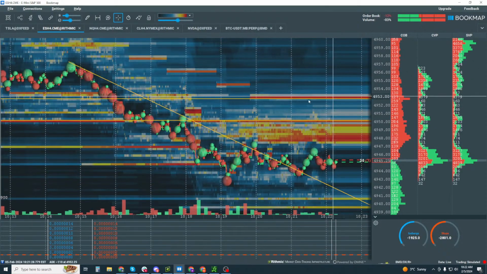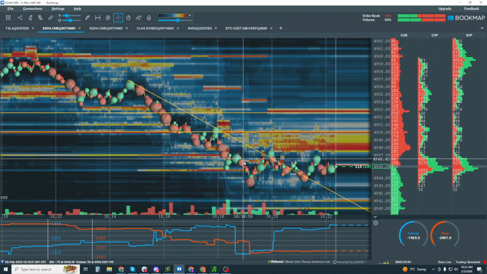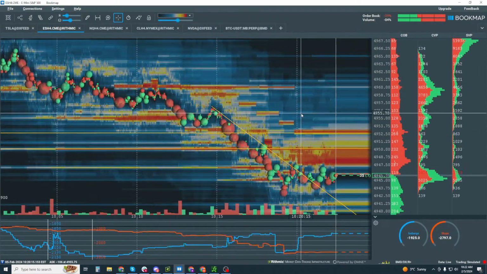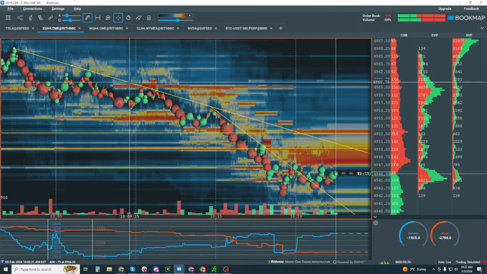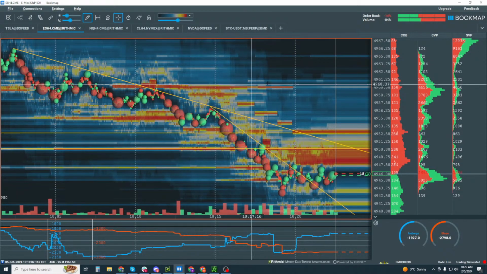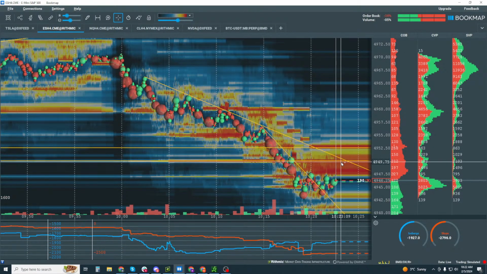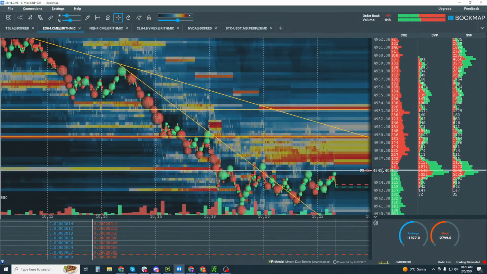Okay, so maybe that's the overall target, but look at the transactions within the structure here. So the structure is starting to crack, at least on the lower time frame structure. Okay, so we might get a pullback to, I don't know, back to 50, something like that.